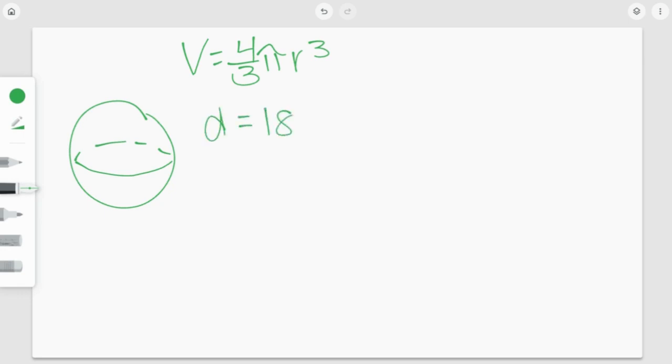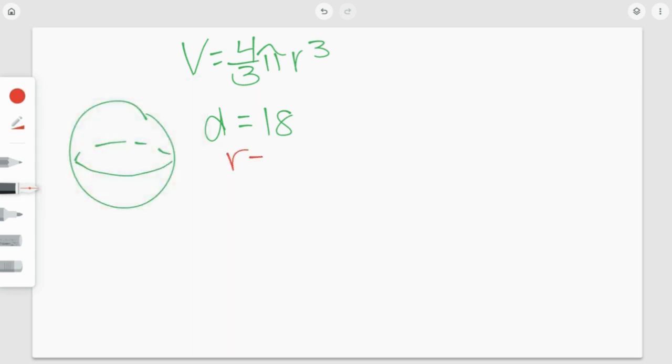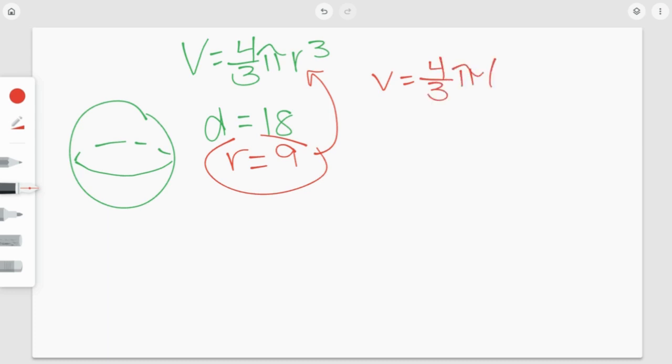What you have to know is that your radius is half of your diameter. So if your diameter is 18, that means that your radius is going to be 9. If we substitute it into our formula, we end up with 4/3 pi 9 cubed. Same thing: if it says in terms of pi, you're not going to multiply by pi. If it says to round, you're going to multiply everything they give you.